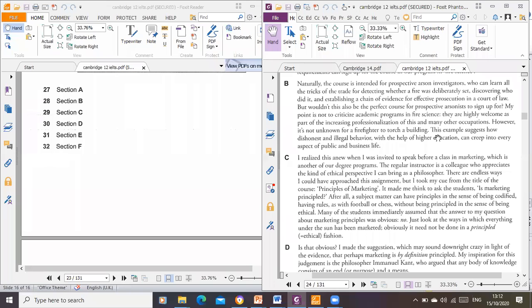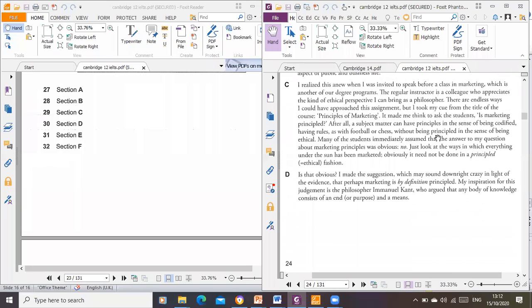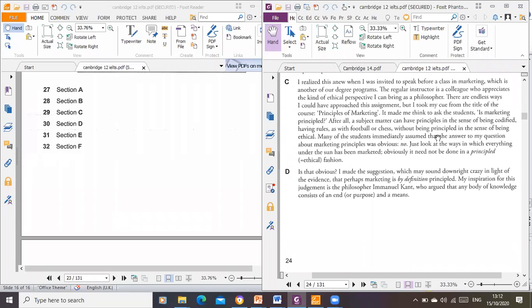I'm not reading any other thing apart from that first line. "I realized this anew." Because I saw this statement, I realized this anew. So, what is this? That would take me back to what is the "this"? I need to know what the "this" is talking about. Okay. So, what is the this?